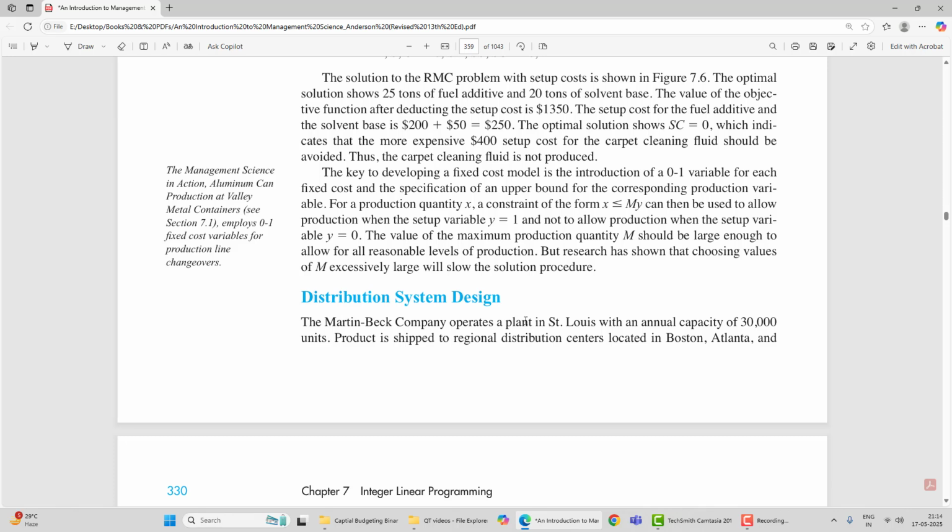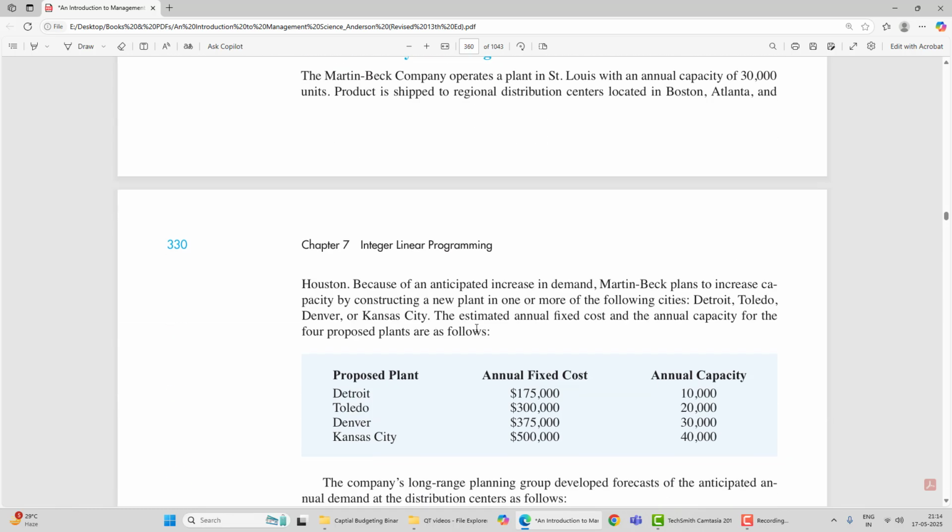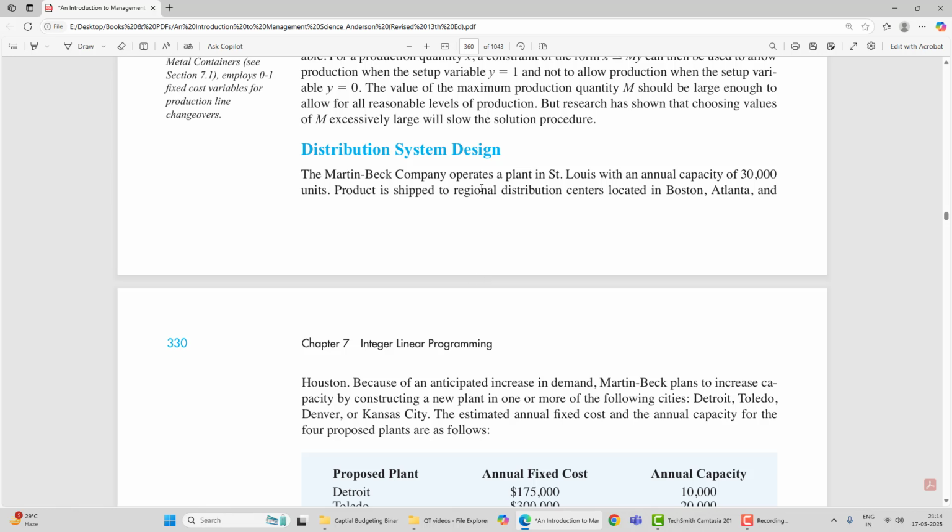Now distribution system design is one step further. Here it is a sort of a transportation model, but along with that there is a decision for a new facility. So basically it is a mix of the two, that is transportation and capital budgeting sort of. So we'll start with this distribution system design.